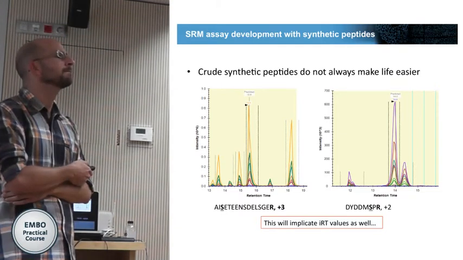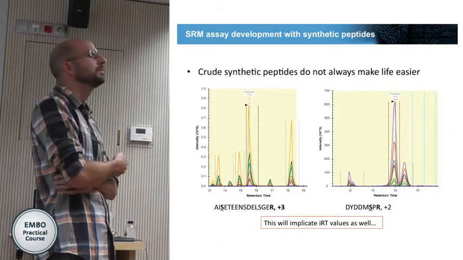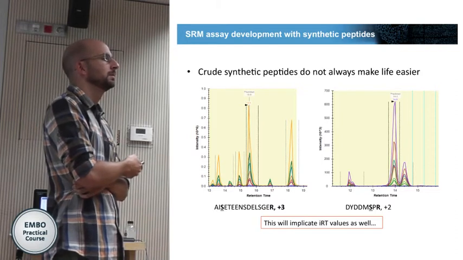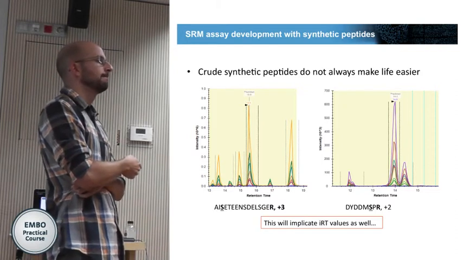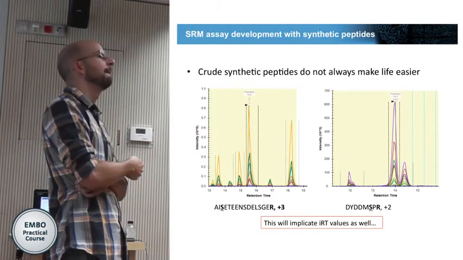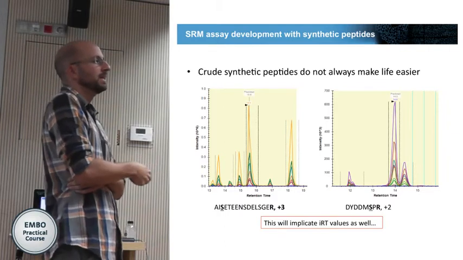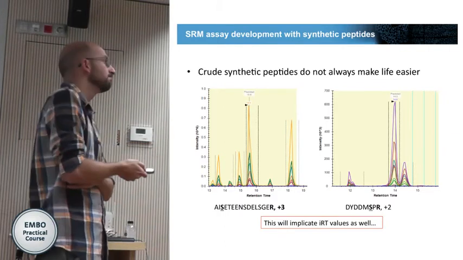Order of amino acid inside the peptide could be... The amino acid? Sorry? The order of the amino acid sequence is all the same, but there can be some mistakes in the sequence inside. So you're saying it's the same Q1 mass, but they shuffle the sequences.